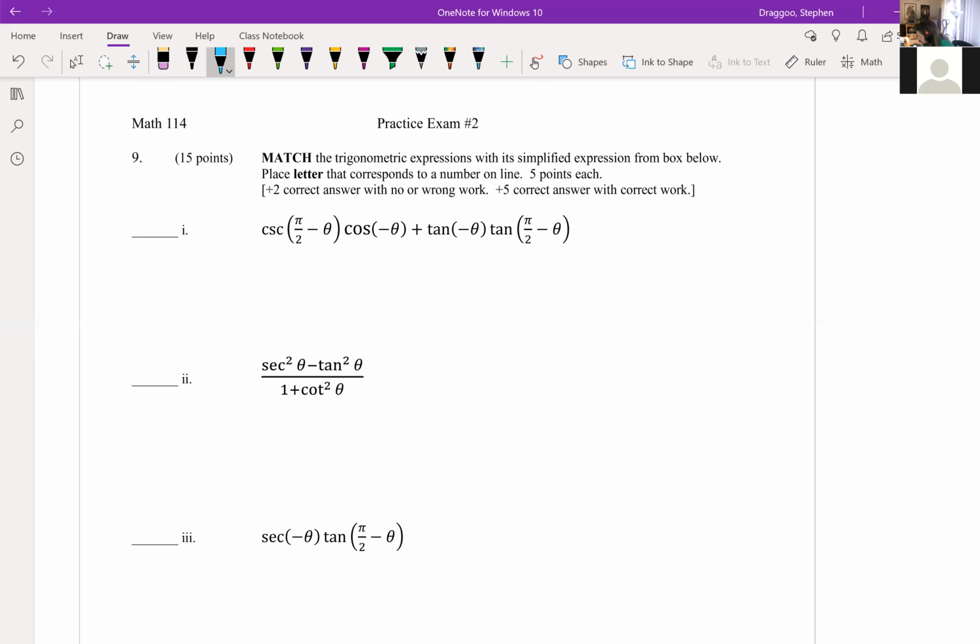So cosecant of pi over 2 minus theta is secant theta, times cosine of negative theta is cosine of positive theta. Next up, tangent of negative theta is going to be negative tangent theta, and tangent of pi over 2 minus theta is cotangent theta.